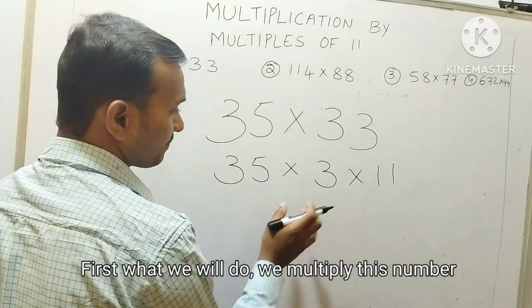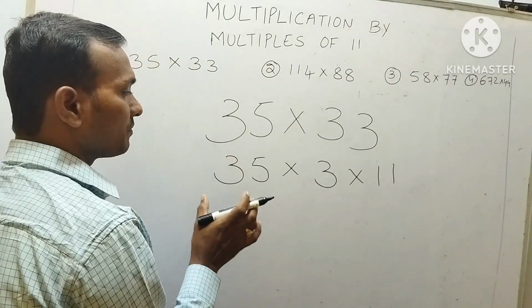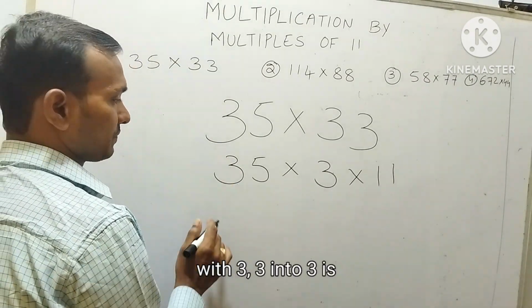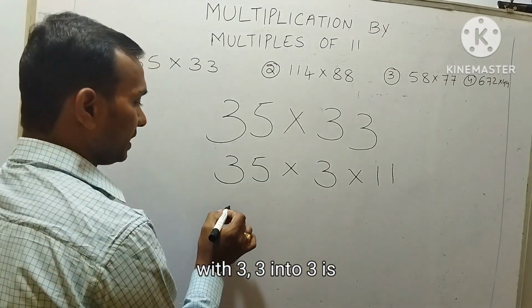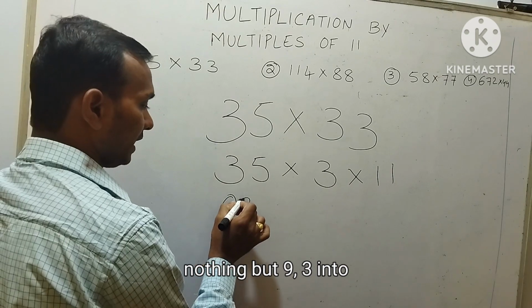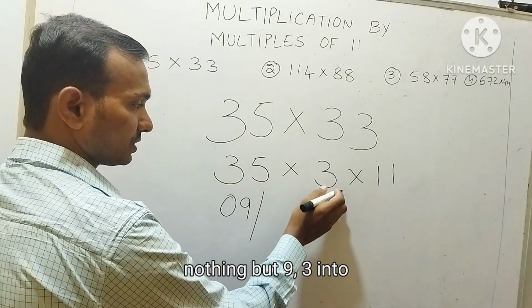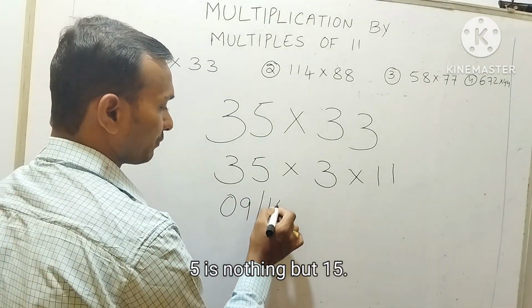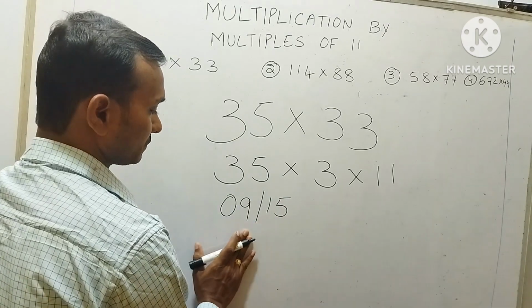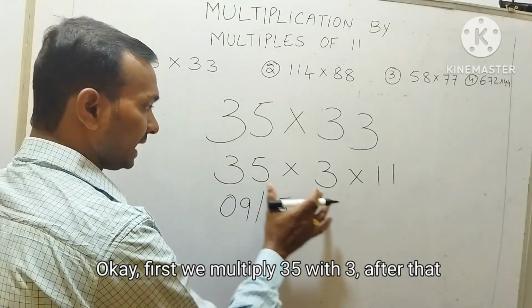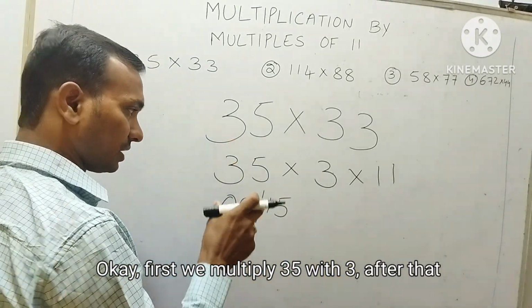First what we will do, we multiply this number with 3. 3 into 3 is nothing but 9. 3 into 5 is nothing but 15. First we multiply 35 with 3.